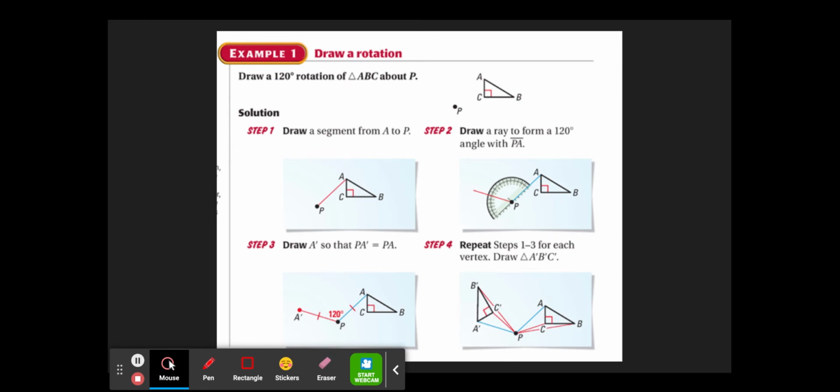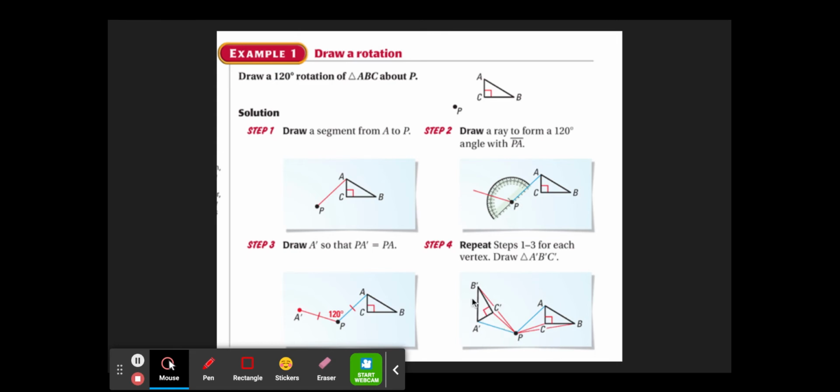You could rotate off of anybody. First, you need to draw a line from your point to whatever your center of rotation is. We're only going to do the origin, but this is to show that you could do it off of anything. Whatever that measurement is, you're going to need to repeat it at whatever angle measure you're rotating.